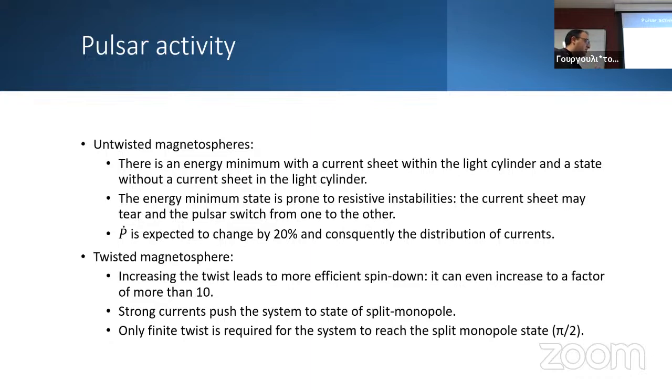And the other thing that is important is that it's sufficient to have only a finite twist for the entire system to reach the split monopole. This is pi/2, which is also consistent with some of the calculations that were done a few years ago, I think by Tanner and Daniele, where you were finding this limiting case. So this limit holds also in the relativistic system.